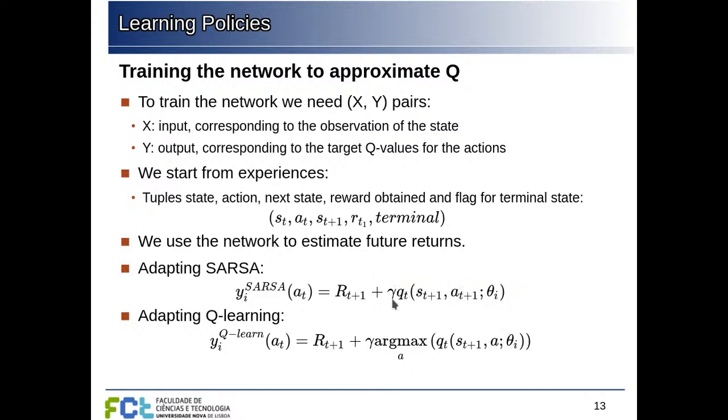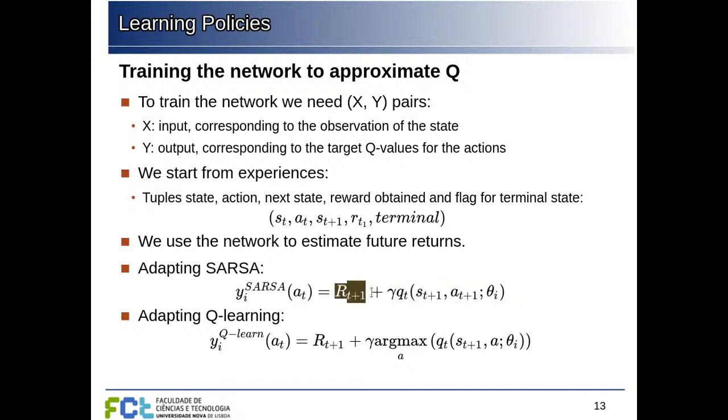So we can just pass the next state that we got through our network, get the estimated returns for all the actions, pick the action that we would naturally pick on that state, and then use this as the discounted future return.